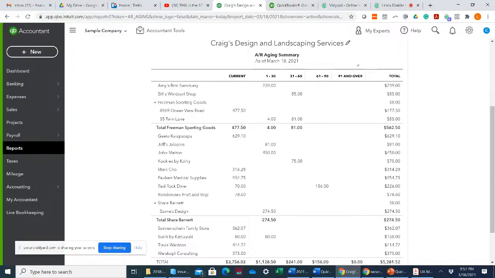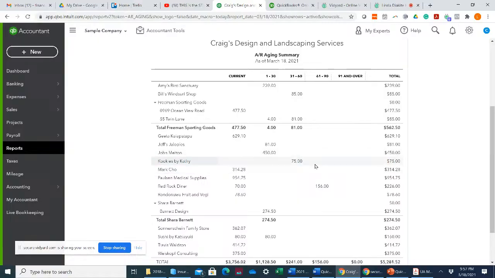Also, with this report, the number should always be positive. Always positive. If it's negative, that means a received payment transaction was created. And a received payment means that you received payment, but you did not apply it against an invoice.